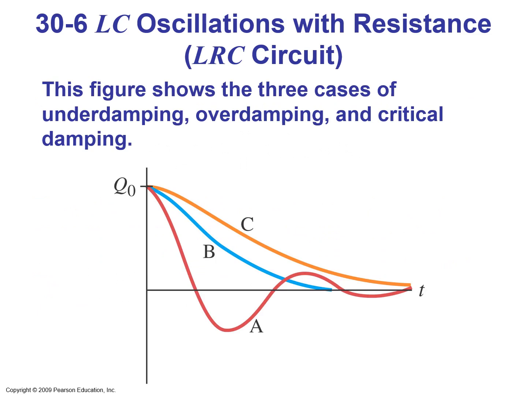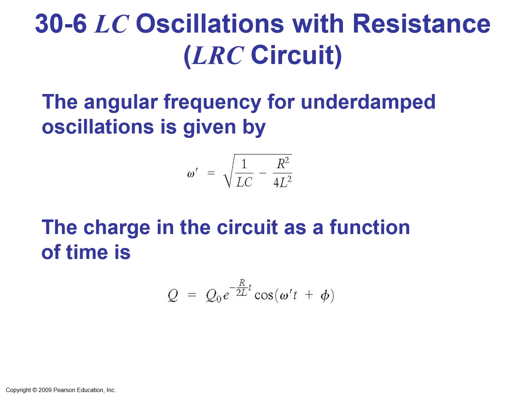This figure shows the three cases: underdamping, case A, overdamping, curve C, and critical damping, curve B, when R squared is equal to 4L divided by C. The angular frequency for underdamped oscillations is given by omega prime is equal to the square root of 1 over L times C minus R squared divided by 4L squared.